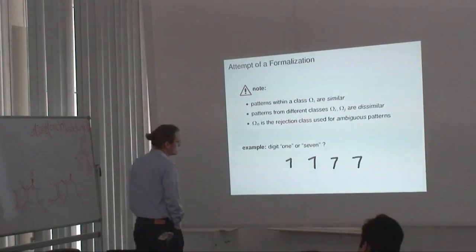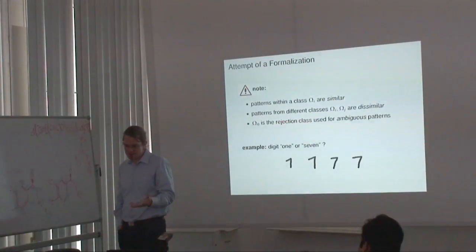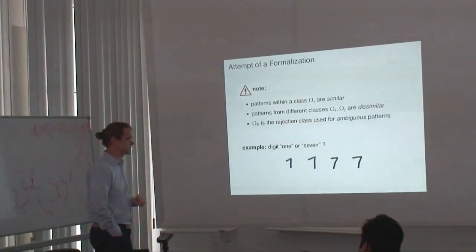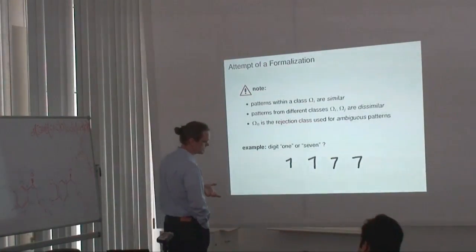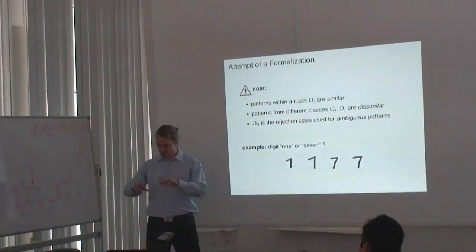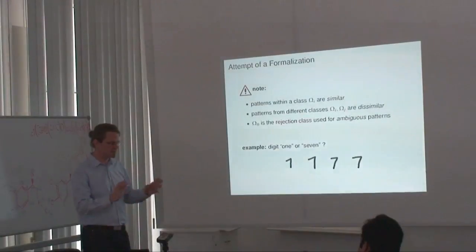Right. And the problem here is that whatever makes a class is that we assume that the members of a class are similar. Right? And say we have the class of digits 1 and the class of digits 7.